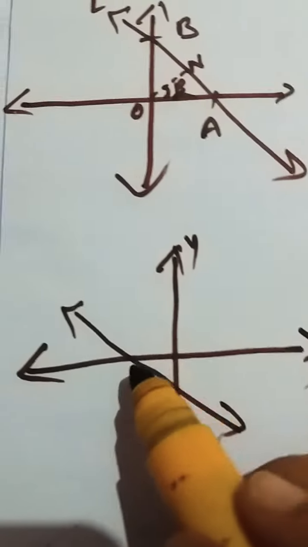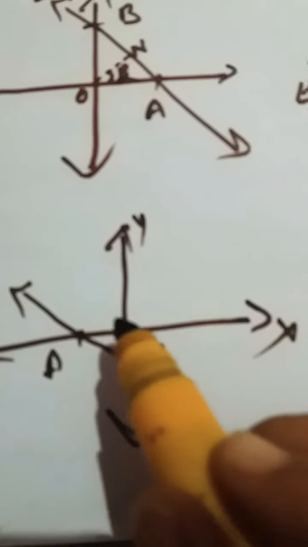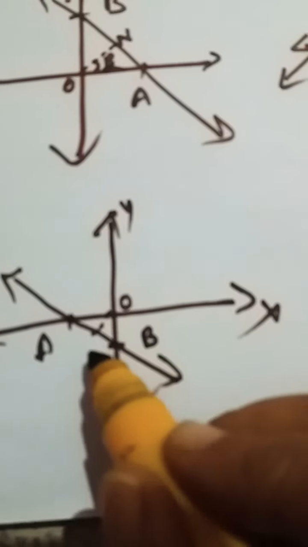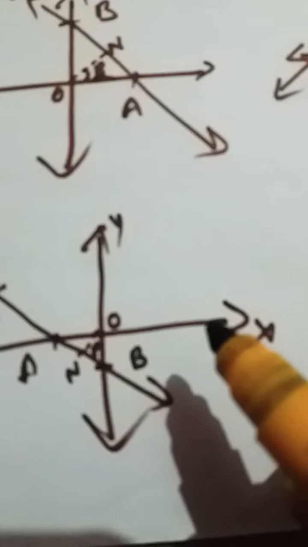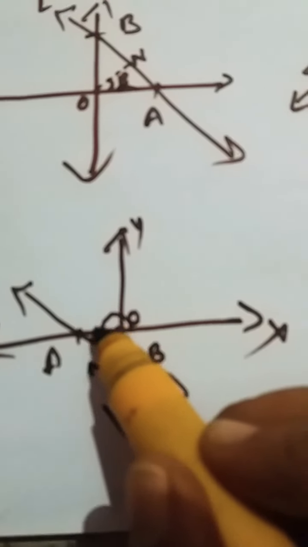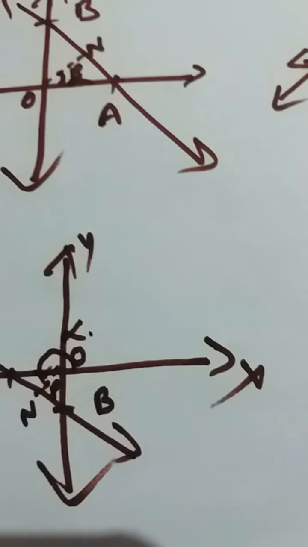It meets the x-axis at A, y-axis at B, and ON is perpendicular whose distance is p, and it makes angle alpha with the x-axis.